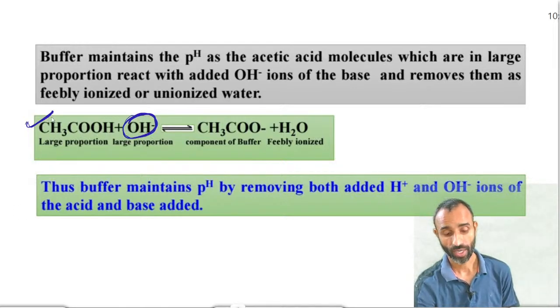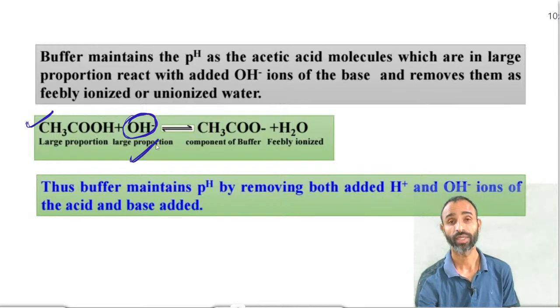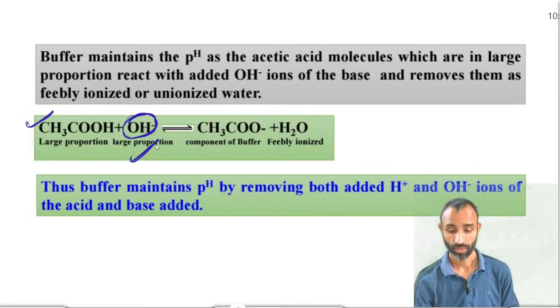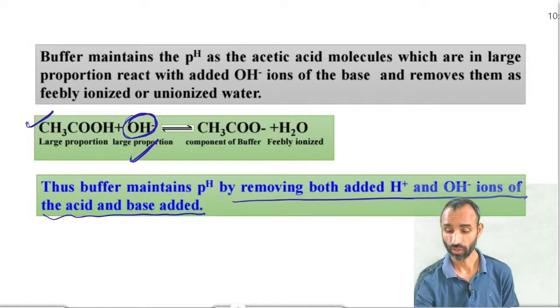They will ionize acetic acid, and therefore in this way they remove OH negative. So in this way the buffer maintains pH by removing both added H plus or OH negative ion of the acid or base.